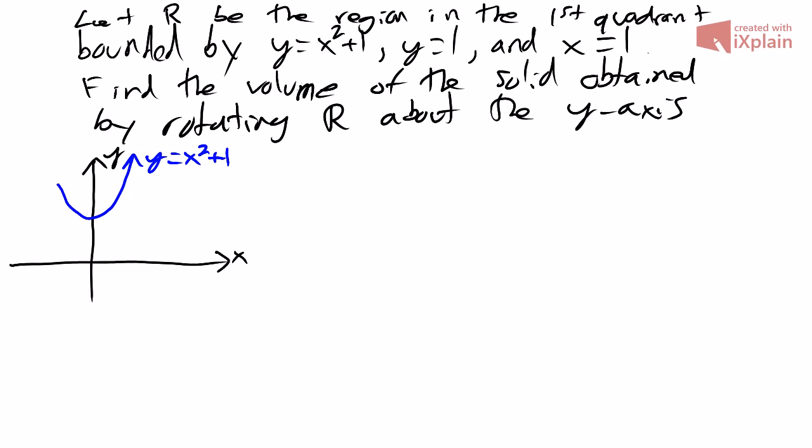And y equals 1, that's a horizontal line, so it's going to touch right there. That's the point 0, 1. And now we're going to have the vertical line x equals 1. So then we have this area, the area in the first quadrant.